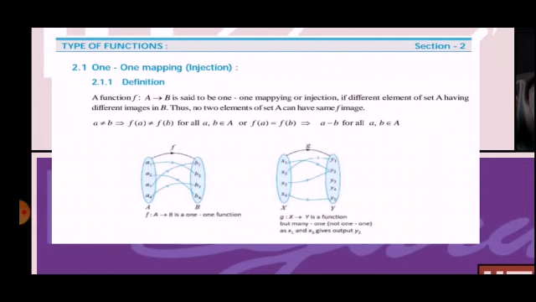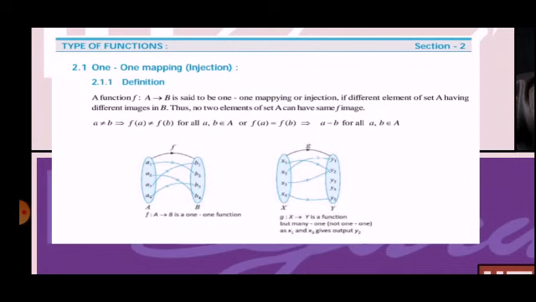Let a is not equal to b, this implies f(a) is not equal to f(b), for all a, b belonging to capital A.